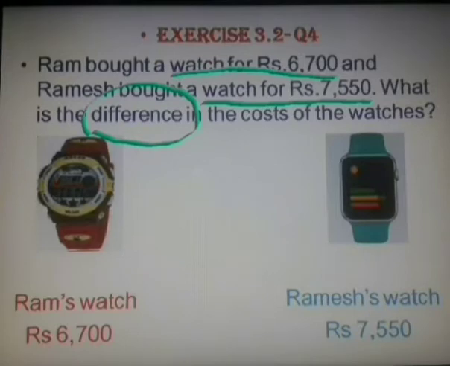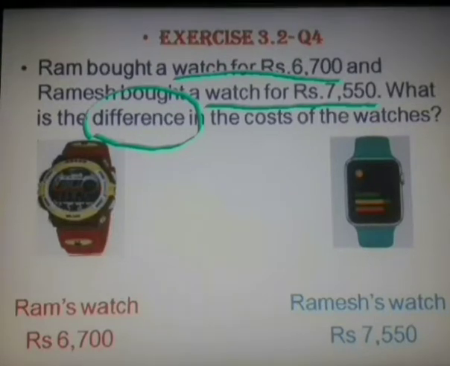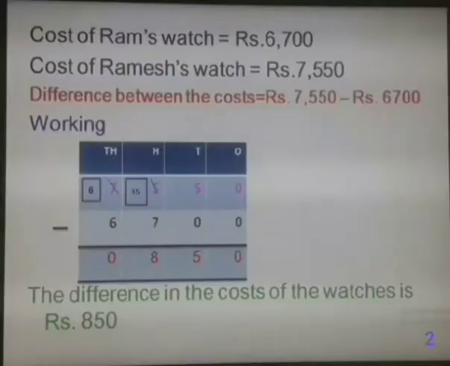Children, do you remember the clue words of subtraction? Here the clue word is difference, which means that in this question we need to subtract. So first we will mention the costs of the watches.